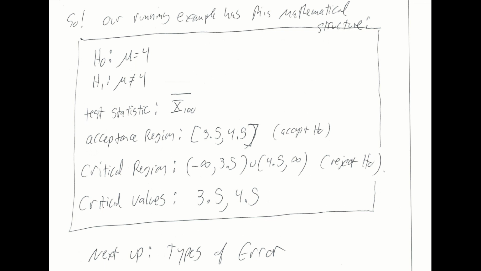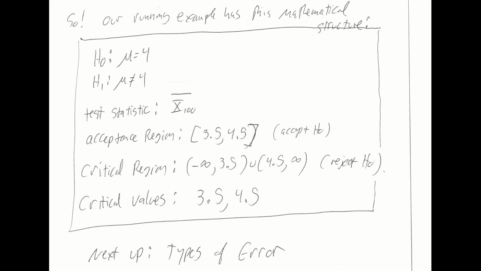We're going to consider them, and the way that we ultimately come up with the actual critical values, the actual boundaries of our acceptance region, is by considering how likely we are willing to allow these different types of error to be. Generally, if you want to decrease the likelihood of one type of error, you have to allow an increase in the likelihood of the other type of error.